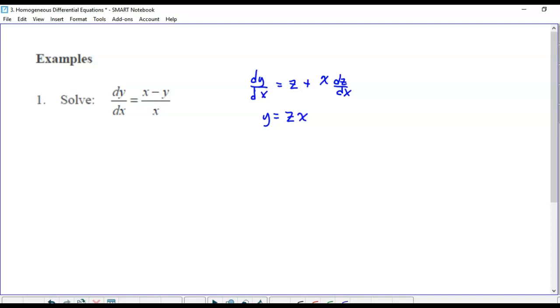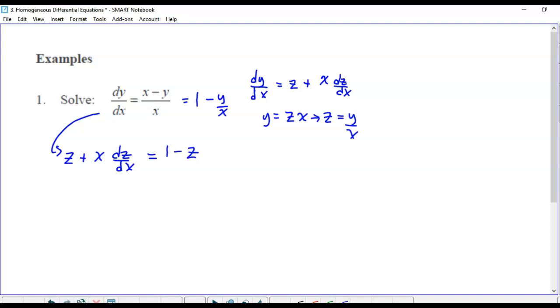So the left side here is z plus x dz dx equals, then, we could actually show that as 1 minus y over x. Remember, you can show this either way, z equals y over x. So that's going to be 1 minus z.